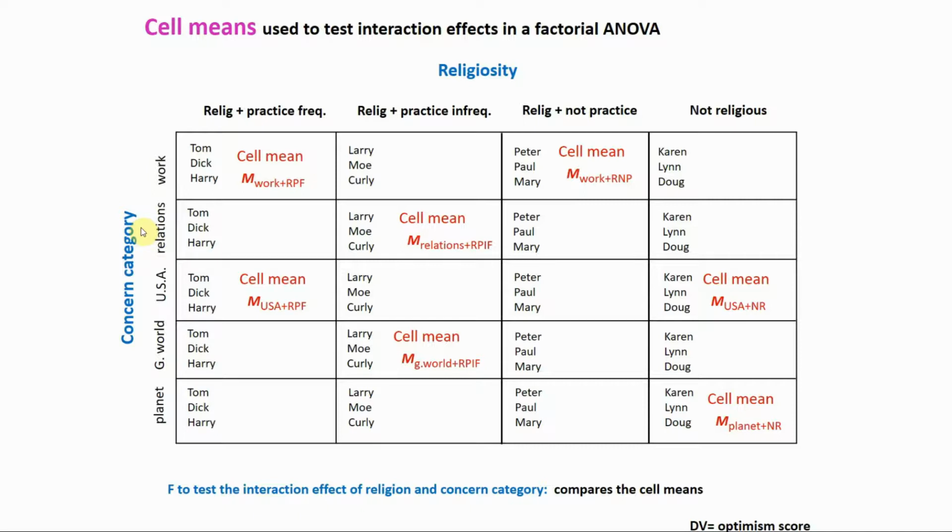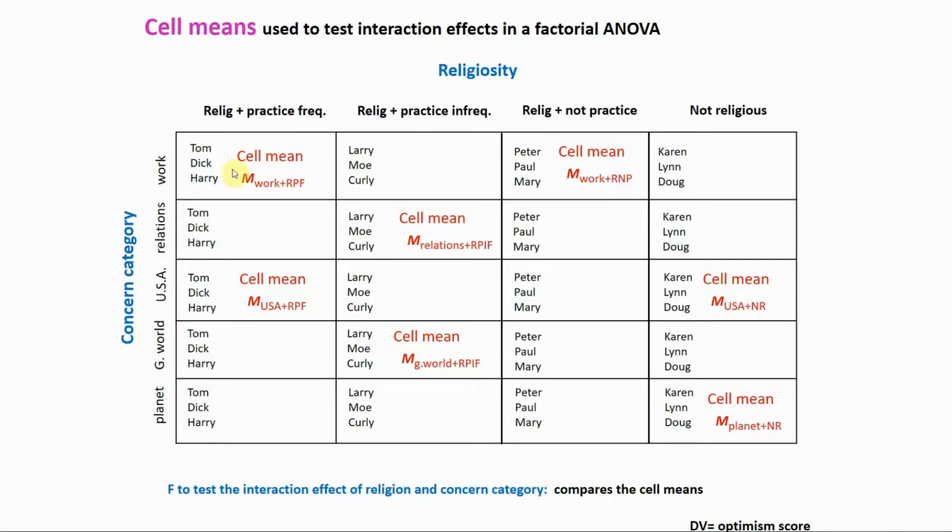So in other words, we're going to be breaking down this interaction by looking at the effect of a particular variable. For example, we could look at concern category, and compare the mean for work, relationships, USA, etc. But we can look at it specifically within just one column, so within this column of religiosity.